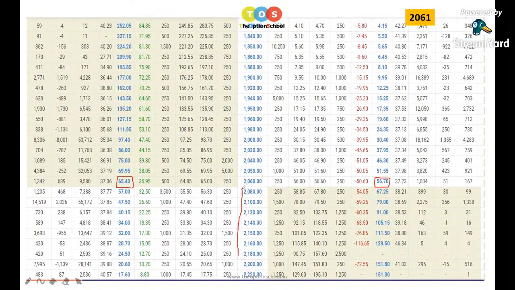This is a mismatch. The straddle premium is saying that it can go up to 2180, 2200, but our highest open interest is saying 2100. That means we need to again observe the data. There is a mismatch. The highest open interest should be the external boundary, or within one or two strikes of the external boundary.